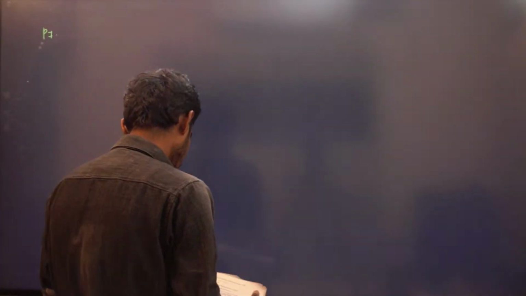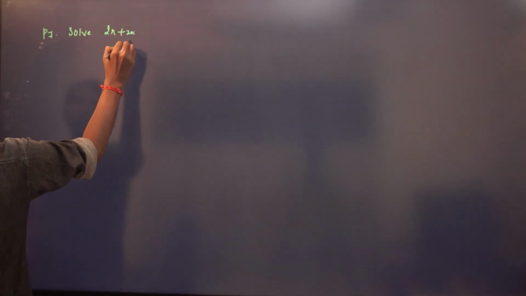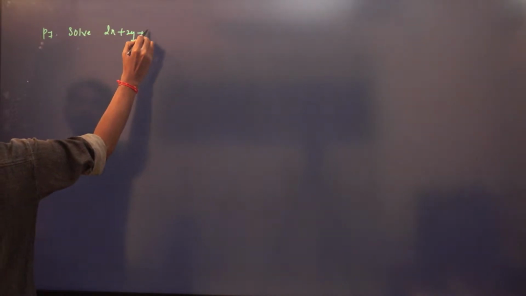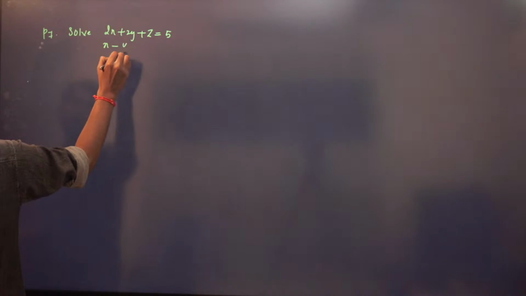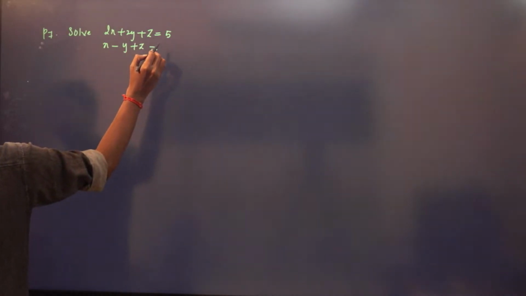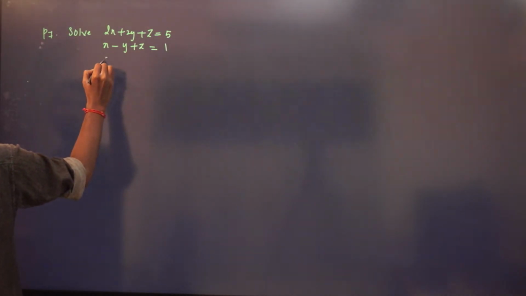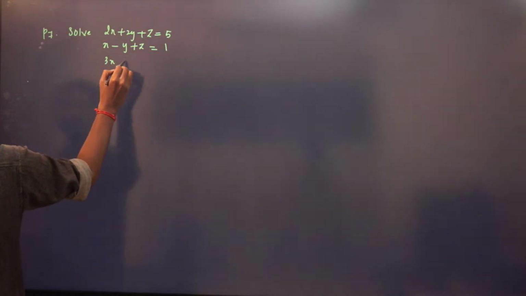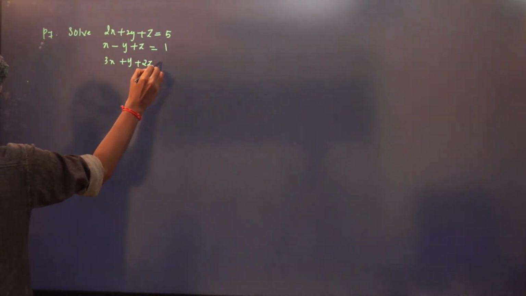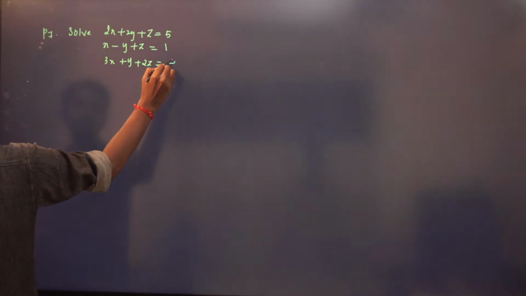So problem 7, solve 2x plus 2y plus z is 5, x minus y plus z is 1, 3x plus y plus 2z is 4.